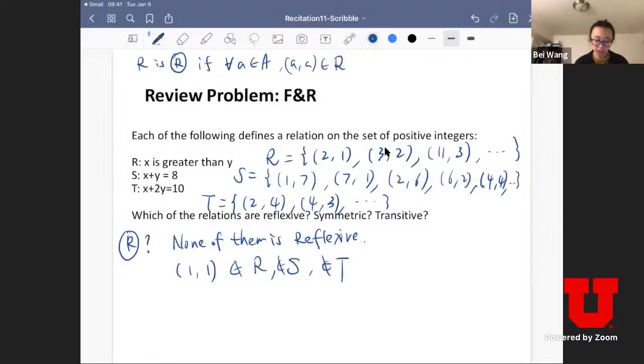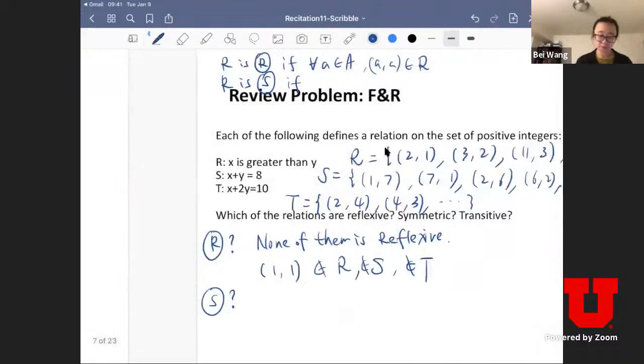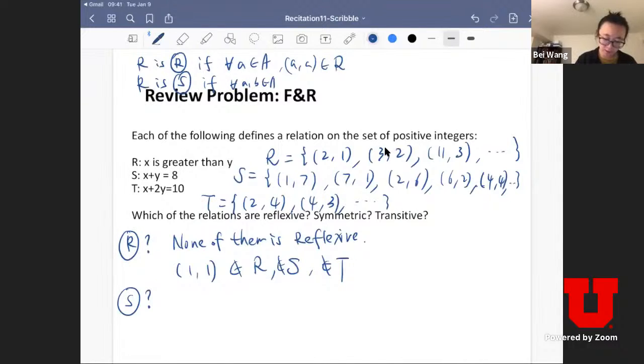Now let's ask the question: are those three relations symmetric? Remember the definition of symmetric. It's symmetric if for any a, b in R, it implies b, a is in R. So if you look at this definition, R is not symmetric.